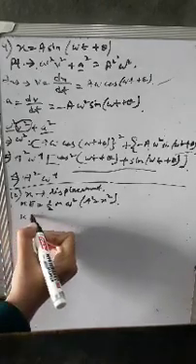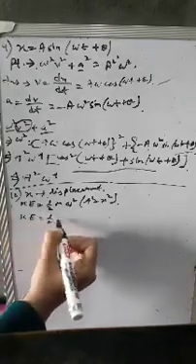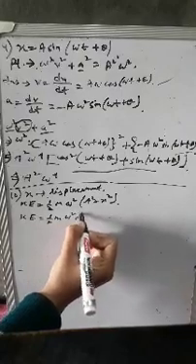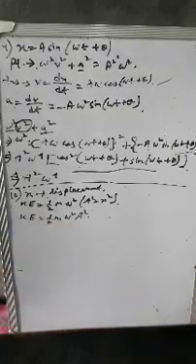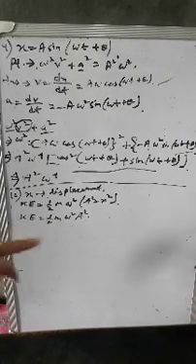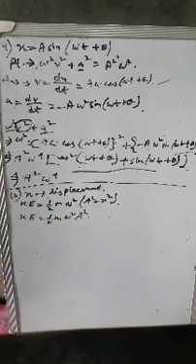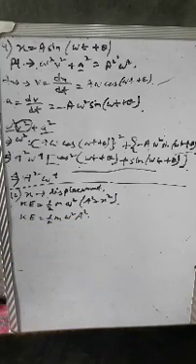So your KE will become half m omega square a square. Clear? So this is the basic part that we have to do for this question. Now what is the question given? That you have to find out the displacement when K becomes half of its maximum K.